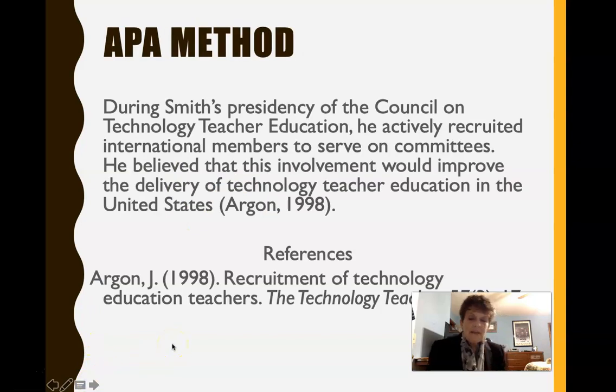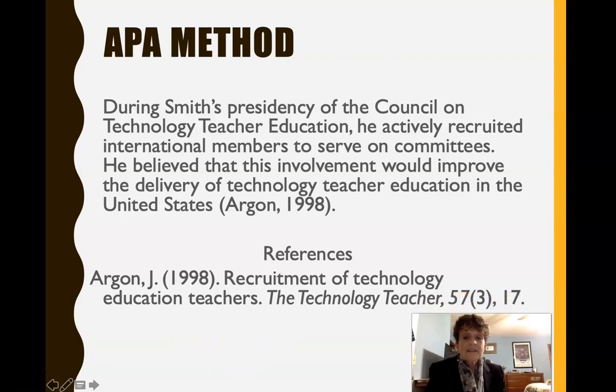So the APA method is what guides most of all of our writing. And so you see a paragraph here, and you see at the end, this is at the end of a paragraph. This is not a direct quote, but this is a paraphrase of information taken from this particular article by Argonne in 1998.